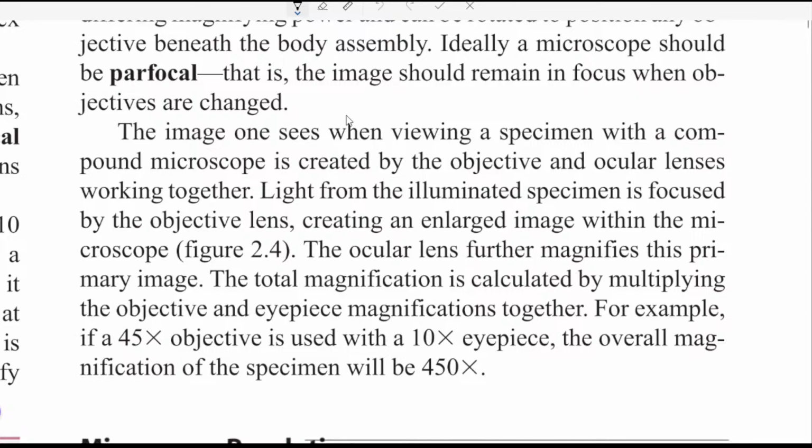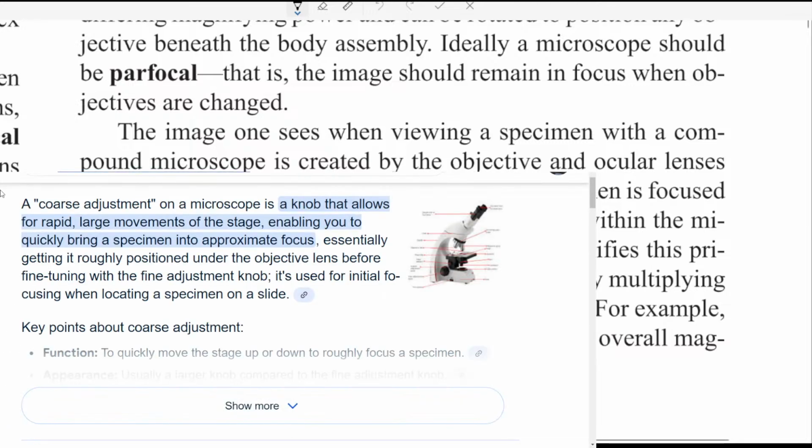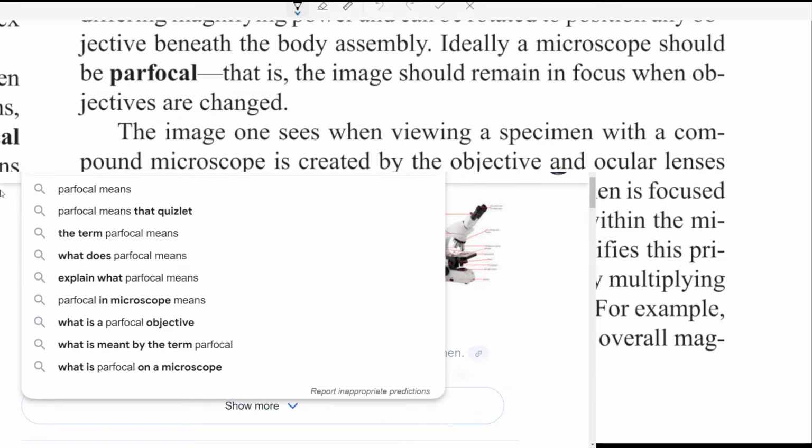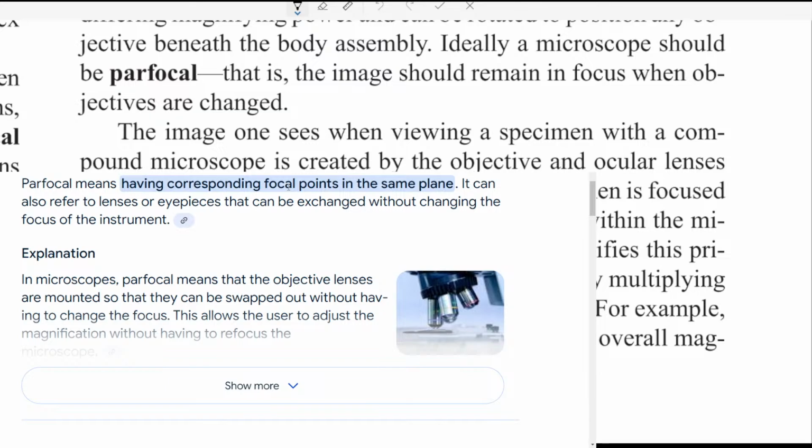Parfocal. Guys, I don't know what the word parfocal means. I get the point, but parfocal means, I don't want the definition. Please don't give me the definition. Having corresponding focal points in the same plane. All right.